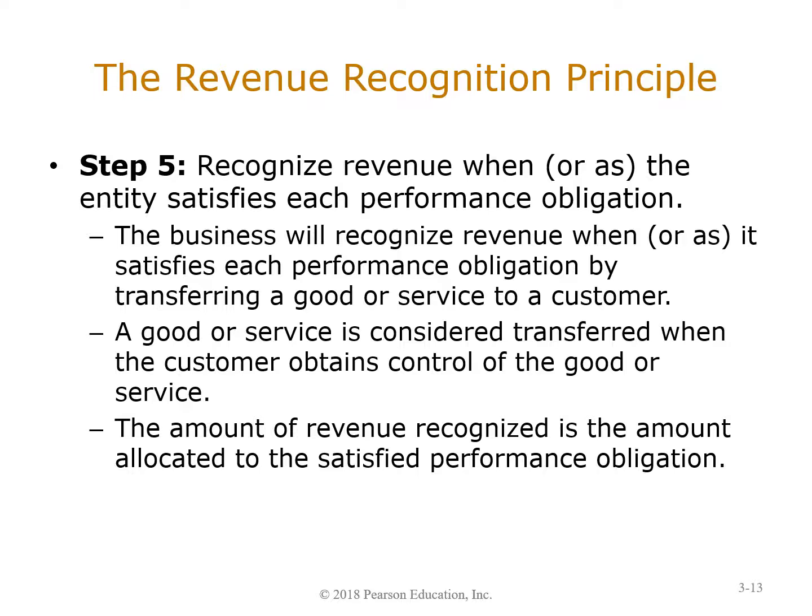So if you look at it as magazine subscriptions and somebody pays you up front for these magazine subscriptions, each time you send a magazine, you will have performed part of the obligation. So if the customer paid you for 12 magazines up front, you would record 1/12 of the revenue each time you sent a magazine.